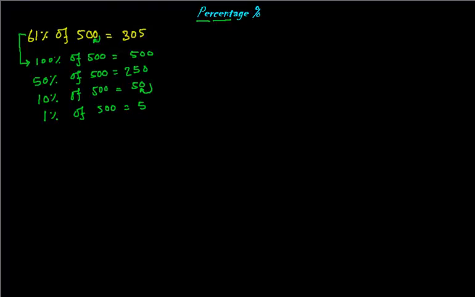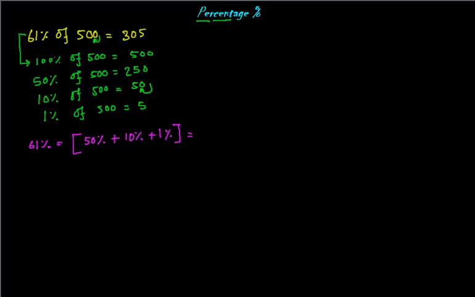Now let's check what I have to find. I have to find 61% of 500. I can write this 61% as 50% plus 10% plus 1%, because 50 plus 10 is 60 and 60 plus 1 is 61.